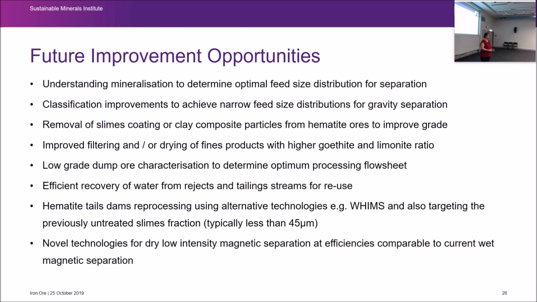Improved filtering and dewatering is going to always be key, something I didn't mention. Product moisture is a big challenge in certain ore deposits where we are bound to produce a fines product below a certain transportable moisture limit for it to be safe to be seaborne freight. And there's a lot of focus on trying to dewater some of these more difficult products.